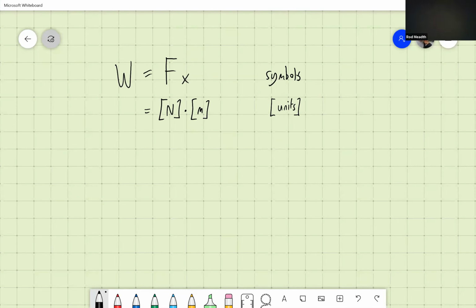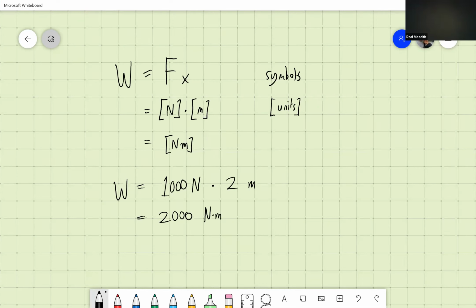Because I multiplied the force by the distance, maybe it was 1,000 newtons times 2 meters, the units just get multiplied as well. So the answer would be 2,000 newton meters.